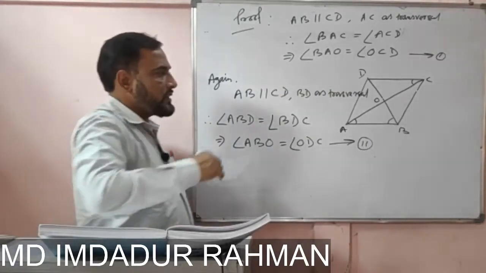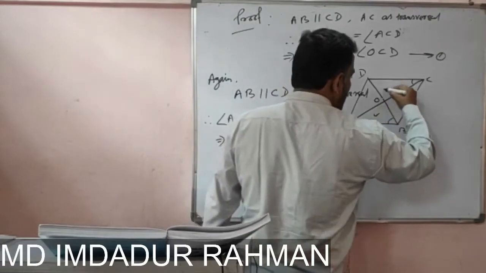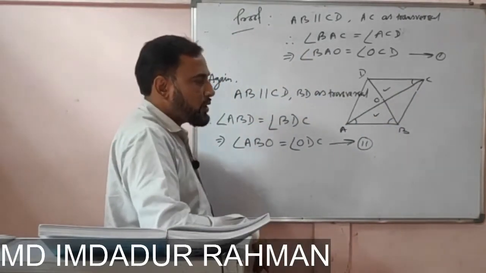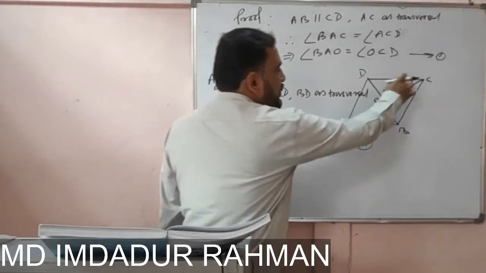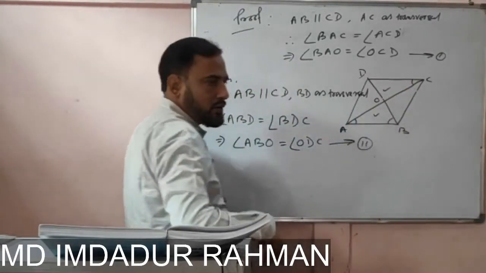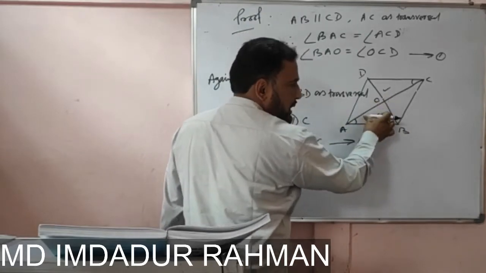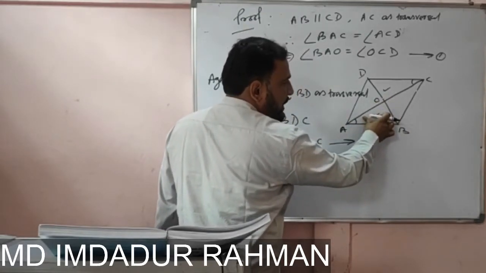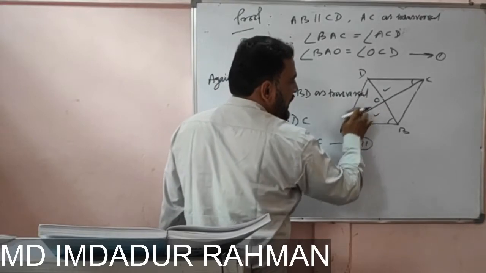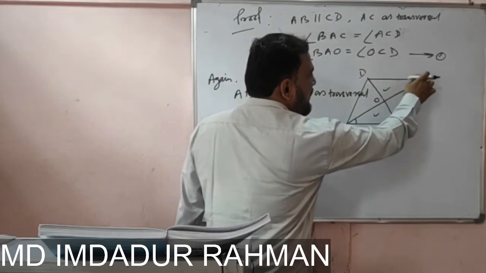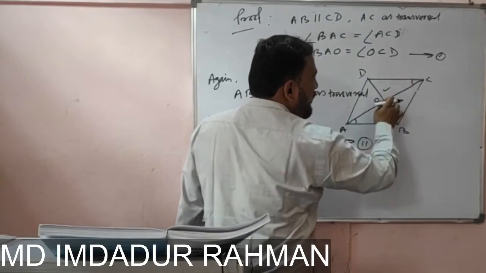Now we will consider these two triangles, because we have to show OA is equal to OC and OB is equal to OD. OA and OB are parts of triangle AOB, and OC and OD are parts of triangle COD.